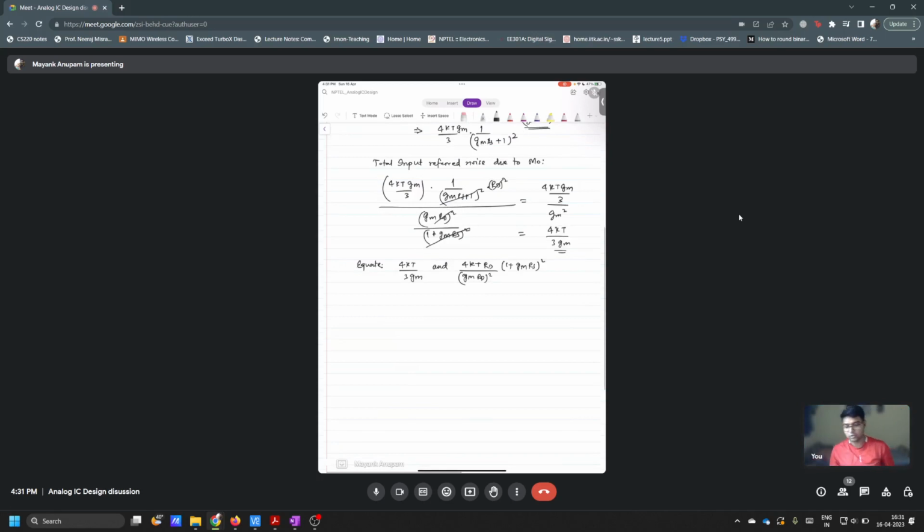When you equate these two, I guess you should be able to find out a constraint on gm. You should be able to find out how much gm should be, and from there you can find out what is W by L. Okay, sir.